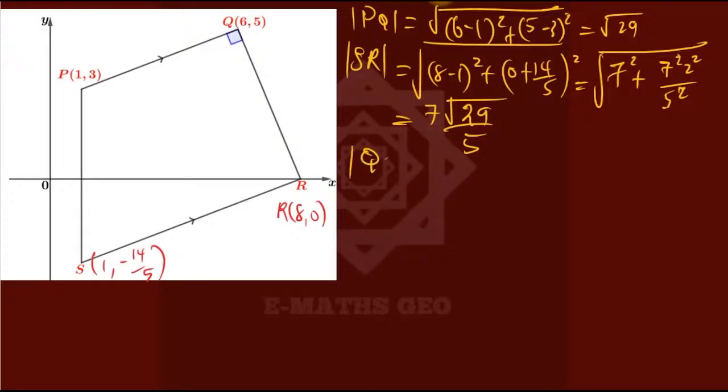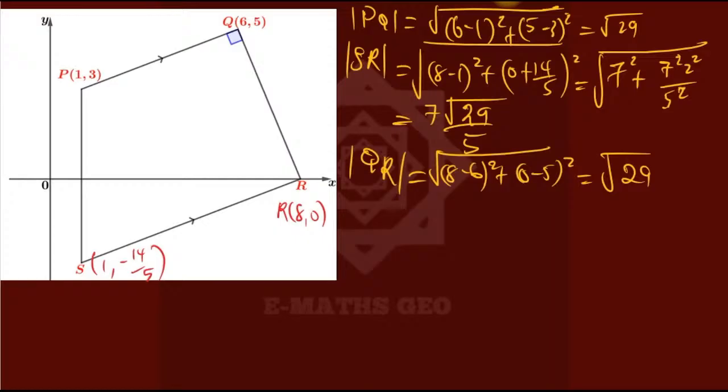QR, the distance, we still apply the distance formula, which is square root of 8 minus 6 all squared plus 0 minus 5 all squared, which is also square root of 4 plus 25, which is 29. So we've gotten what we need for the area.